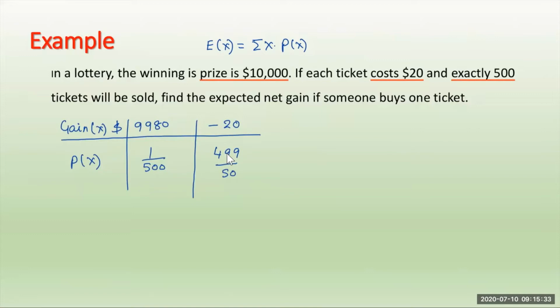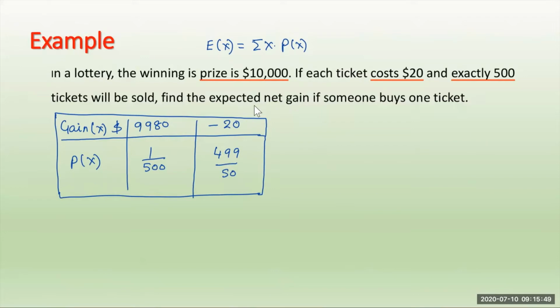They will lose. So that is the probability. So this distribution that I have created here is our probability distribution. So our first step is to create the probability distribution like this. Now, after we have the probability distribution, to find the expected net gain, 1 over 500, yes, 499 over 500, thank you.